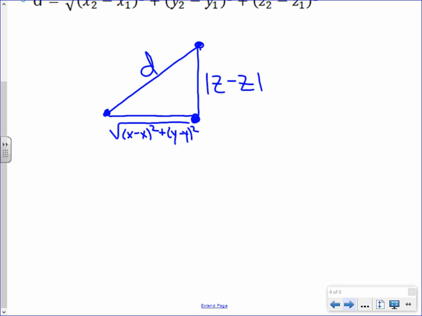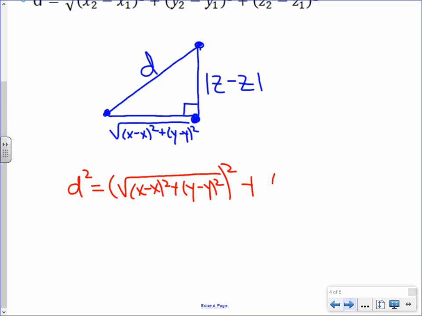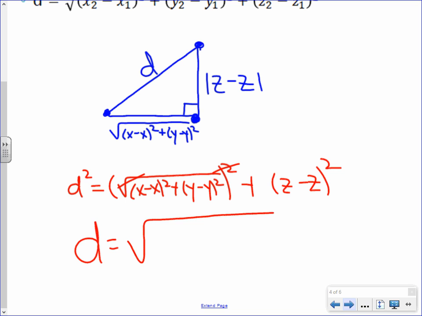Okay, so I have created a right triangle. Pythagorean theorem: hypotenuse squared equals leg squared plus leg squared. A square root and square cancel, and to solve for D, we take the square root of this entire side.